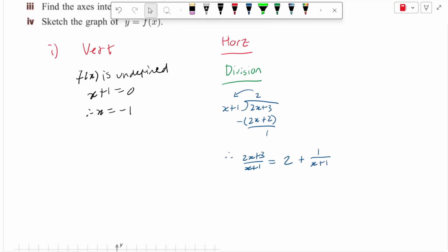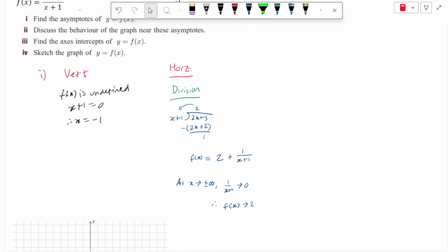Now, basically, as x goes to plus or minus infinity, 1 over x plus 1 goes to 0. Now this is f of x, so I might actually just write this as f of x. So therefore f of x will go towards 2. Wonderful. That's how we prove it using division.